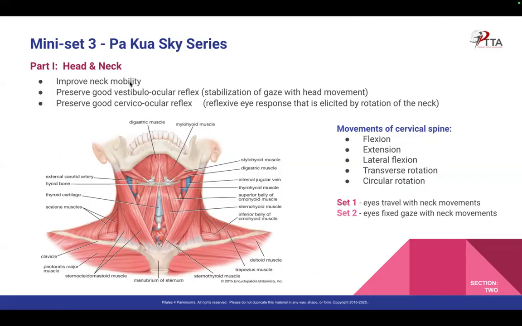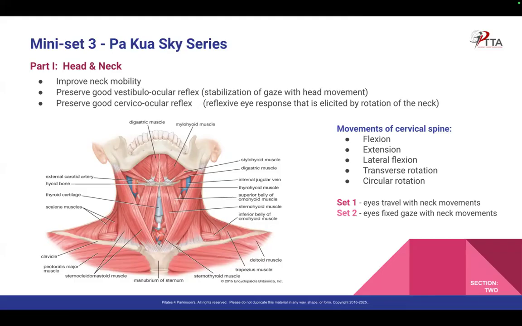So on the head and neck movements, these ones are very important because you're looking at not just improving neck mobility, but you're helping them to preserve their vestibular ocular reflex, which is stabilization of the gaze with the head movement. So the vestibular ocular reflex is a combination of the eyes, what the information that the eyes take in, plus the inner ear.